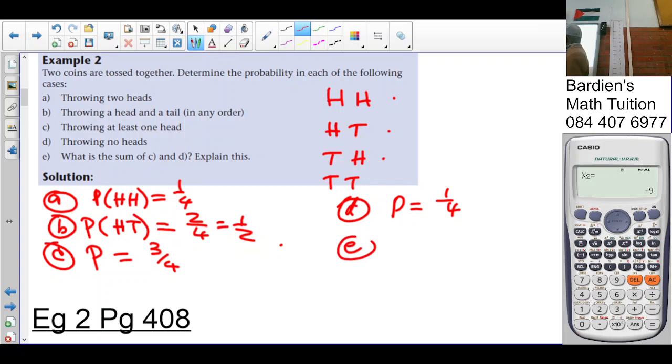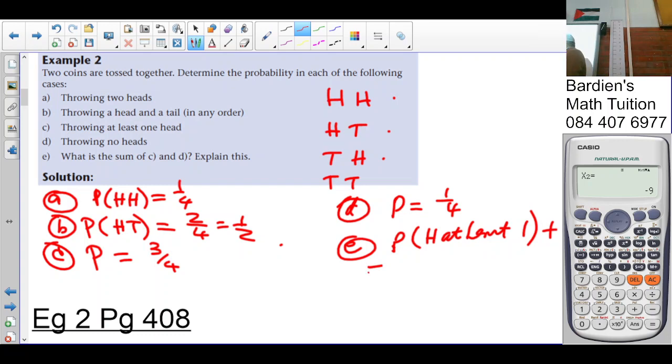And E, it says what is the sum of C and D? The sum of C and D. So the probability in C, which is at least one head, at least once, and the probability of no heads.